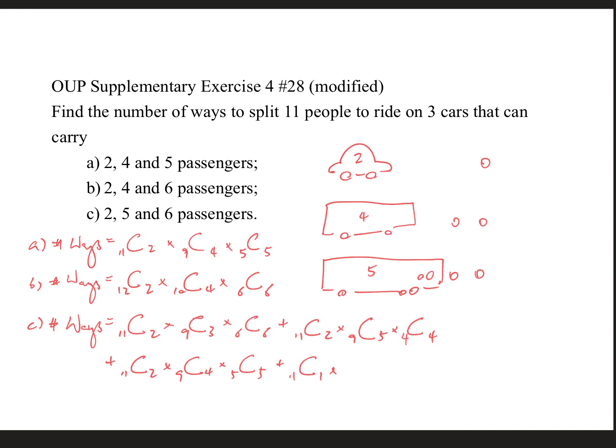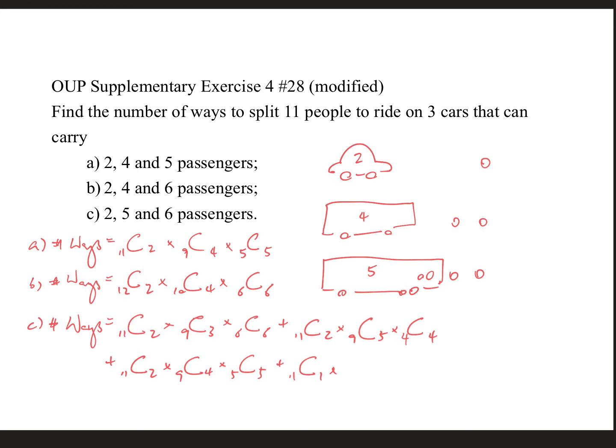The method to tackle this problem is similar to part B. So we have a total of 10 persons plus 1 invisible person to sit in the second and third cars.